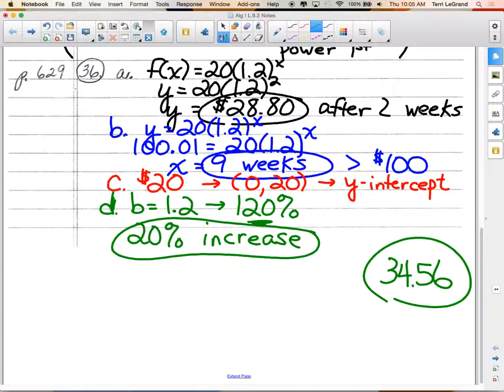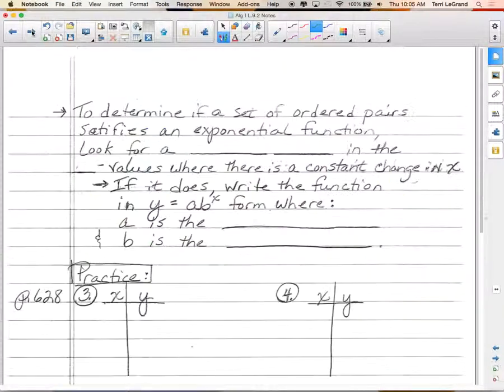So the next time it calculates it, it's going to take that $34.56 and take 20% of it and add that onto it, and so that's where the 100 comes in. It's taking the coupon value at that time, adding on another 20% to that coupon value, not just 20% of $20 every time.